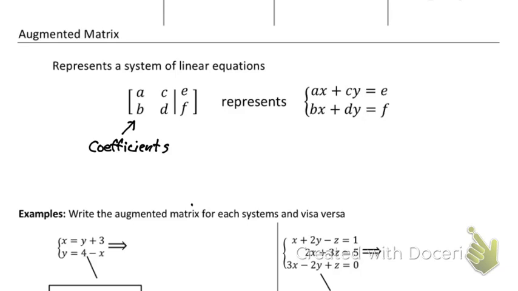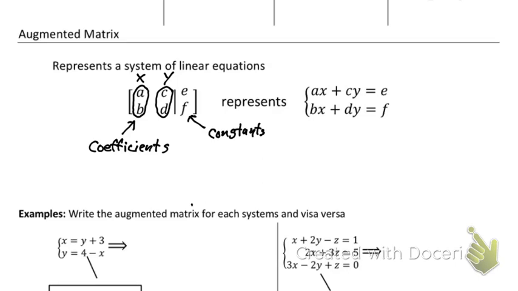And more specifically, the A and B are going to be coefficients for our x variable, and C and D are going to be coefficients of our y. E and F are just going to be constants. In other words, just that number that's over here.